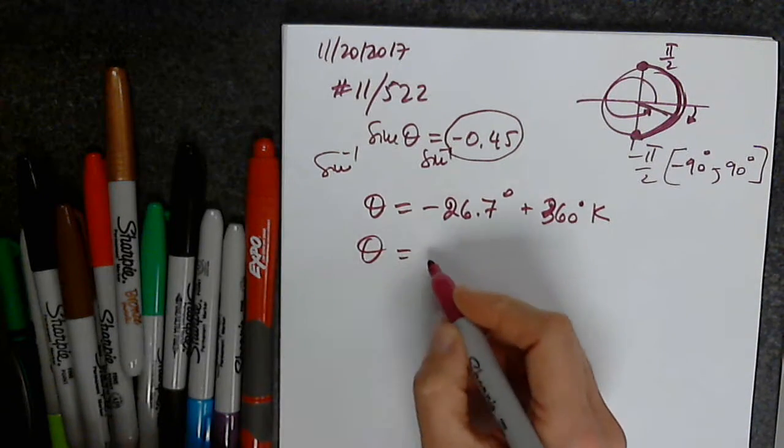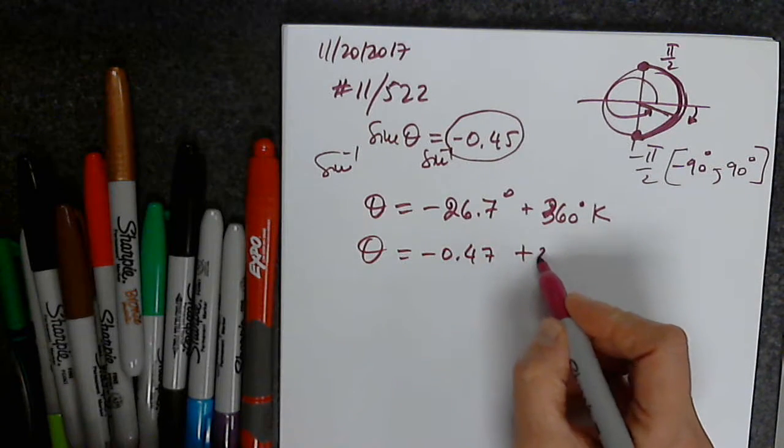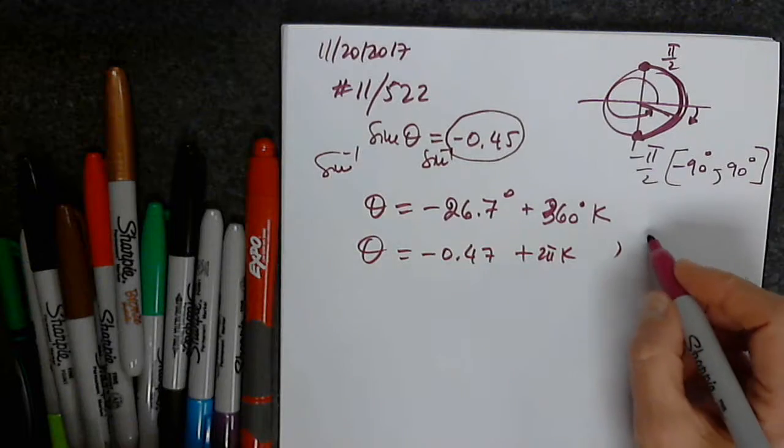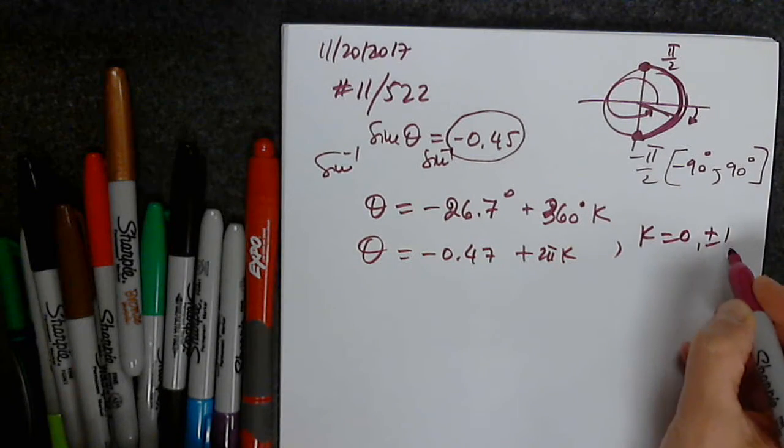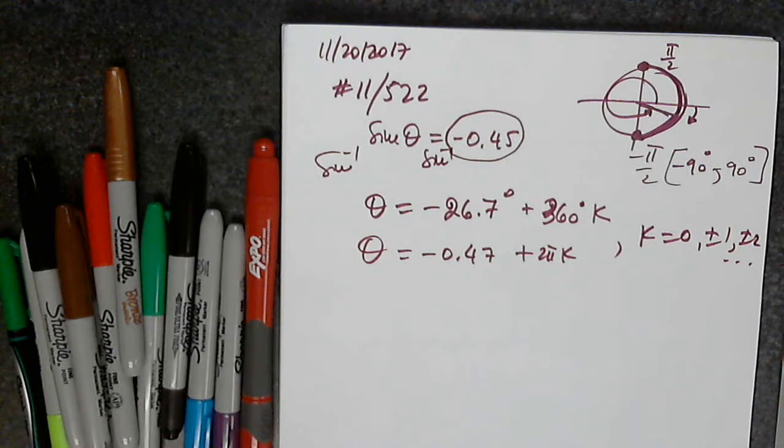Or I would write theta equals negative 0.47 radians plus 2 pi k. And you have to explain what k is. You have to put this in writing. Good. Next question.